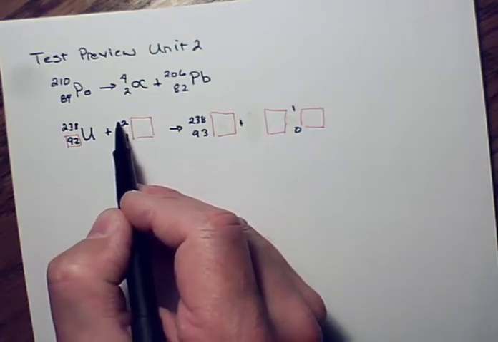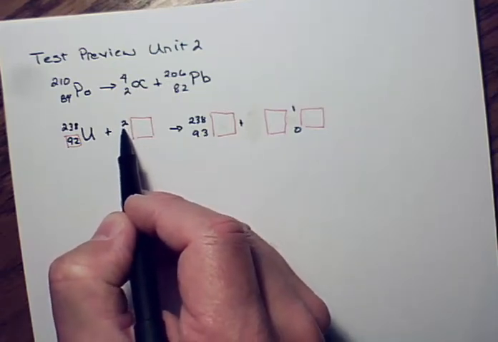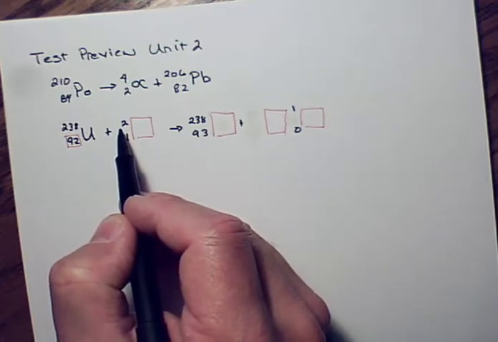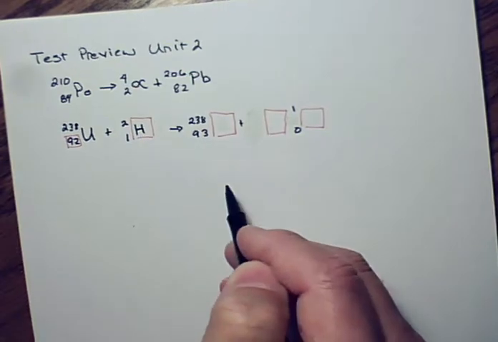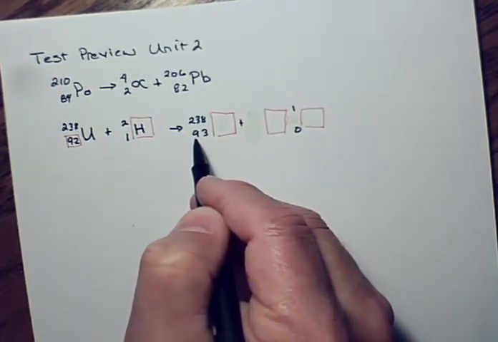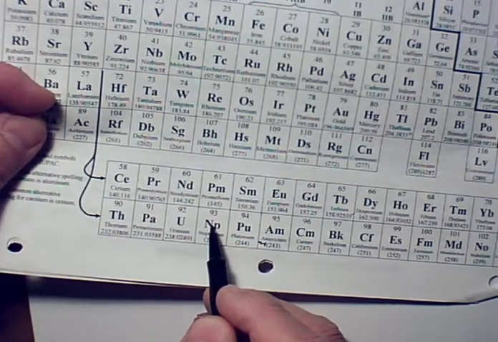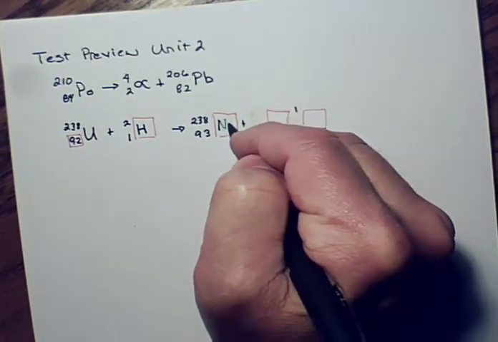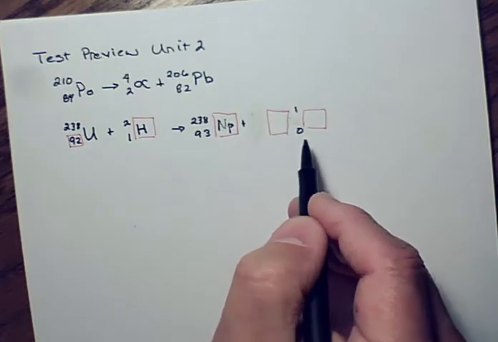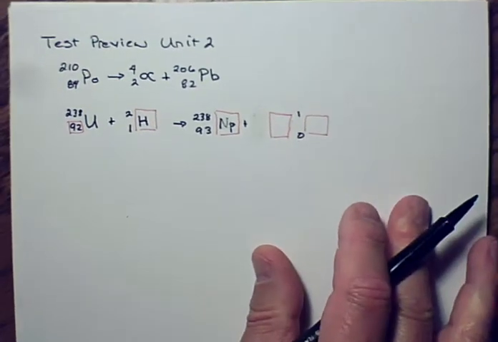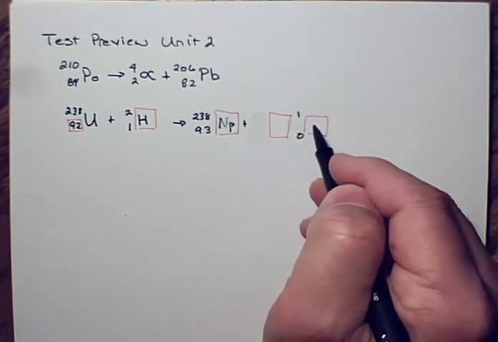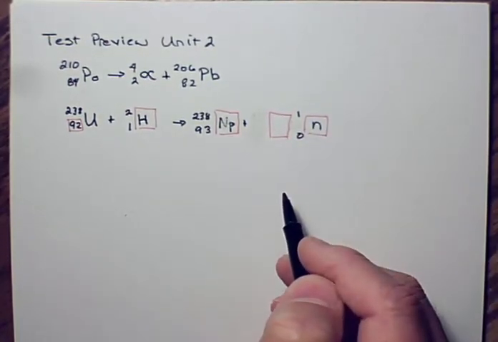This mass number up here means there's 1 proton and 1 neutron, which is the form of an isotope of hydrogen called deuterium. The element that has an atomic number of 93, neptunium. The particle that has a mass number of 1 and an atomic number of 0, a neutron.